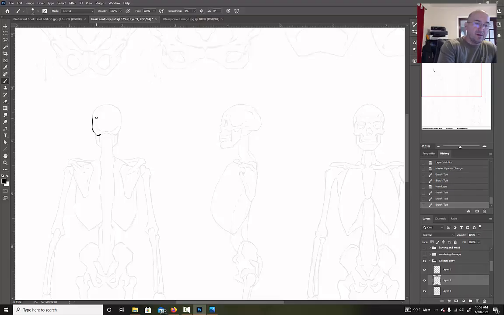When we're talking about the bones in the skull, you really don't need to get into all the little ones. You're going to want to know where the temporal bone is, the parietal bone, the occipital bone, in just their general location.